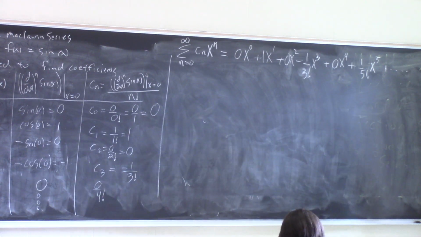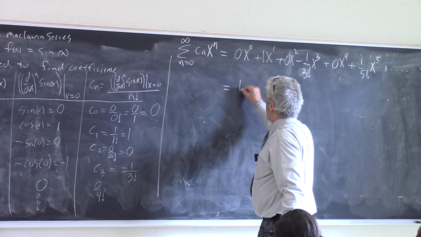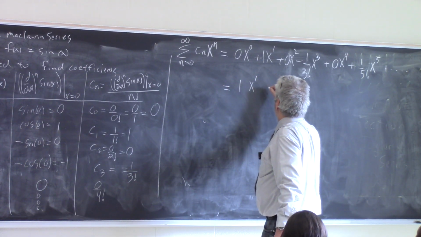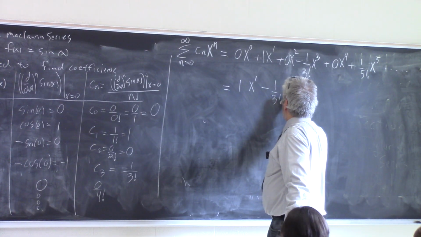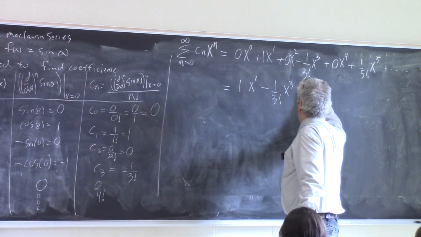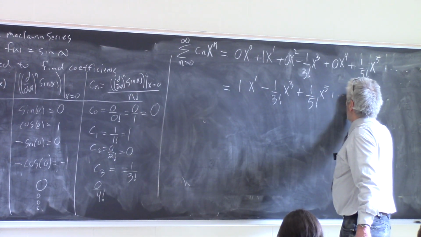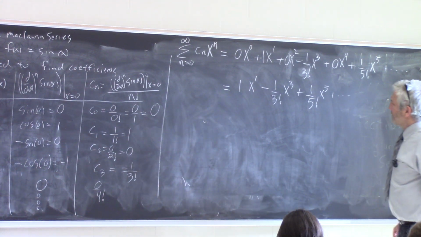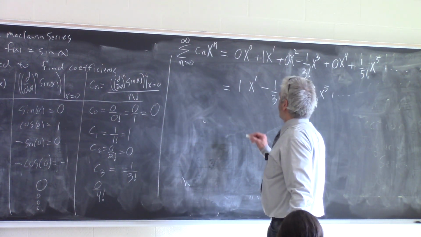So how can we write this more concisely without having to have all those terms? Well, let's just leave out the 0 terms. So we're going to have 1 times x to the 1, minus 1 over 3 factorial x cubed, plus 1 over 5 factorial x to the fifth. And let's write this with the signs obtained by some kind of formula.